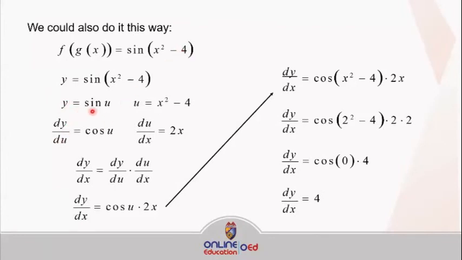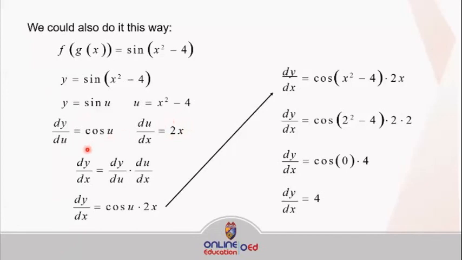So, for the y, we have yung sin u natin, and for the u natin, yung u natin is ito, yung x squared minus 4. And then, we have the derivative or dy over du, equivalent lang siya sa cosine u. And then, derivation ng du over dx natin is we have yung 2x.